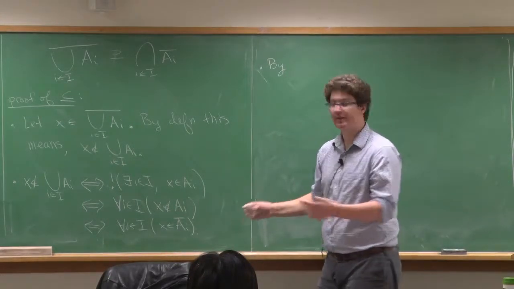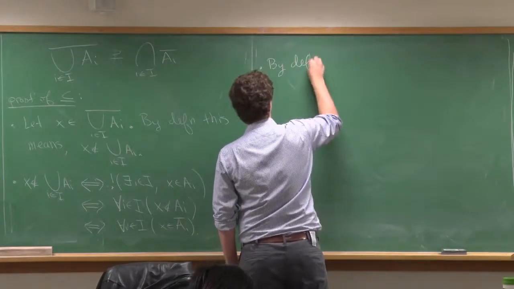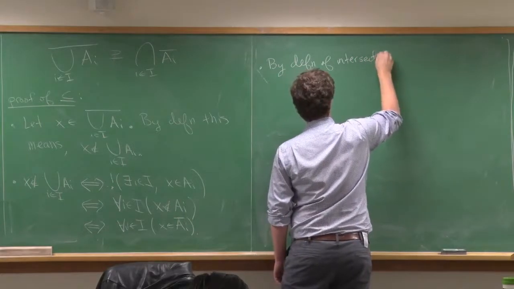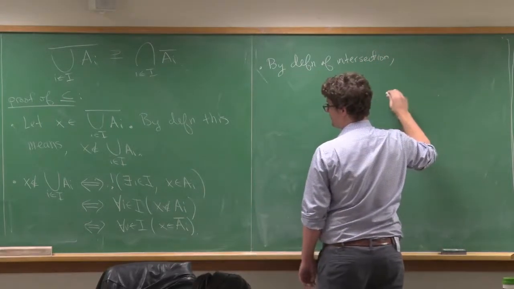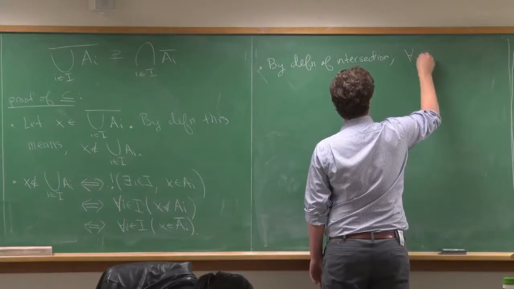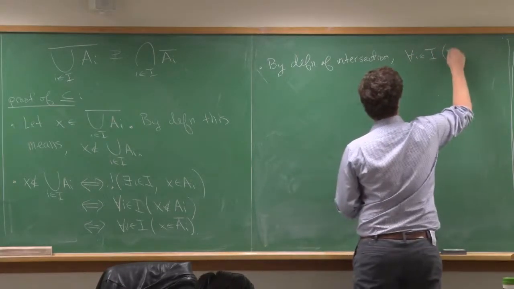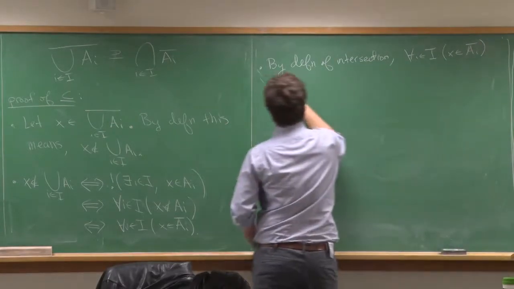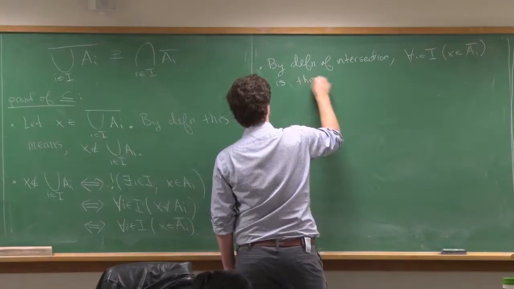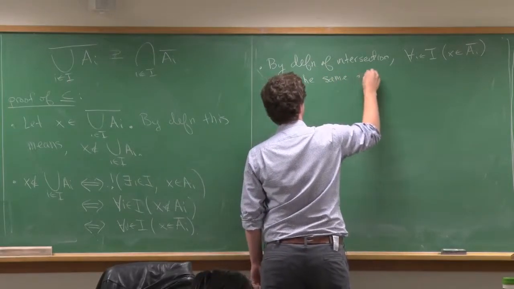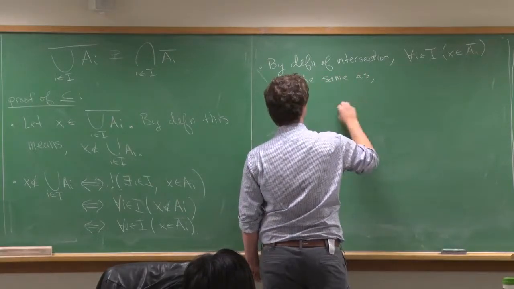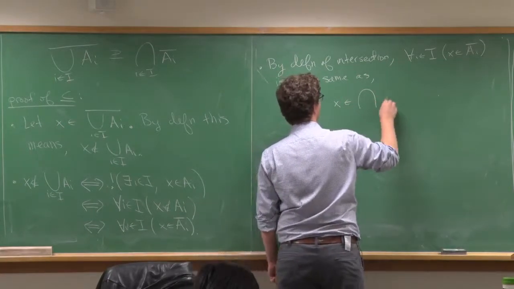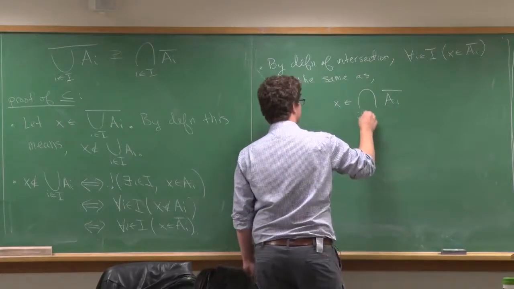By definition of intersection, x being an element of this is the same as x being in the intersection of A_i bar.